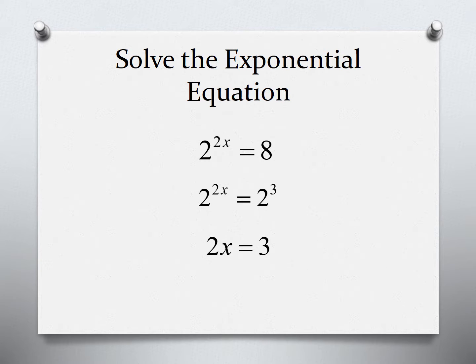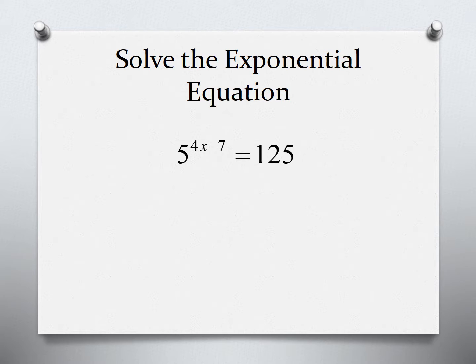So 2x equals 3 simply means divide both sides by 2, and we have x is 3 halves. So the solution to our original equation is 3 halves. The unknown value of x has to be 3 halves.